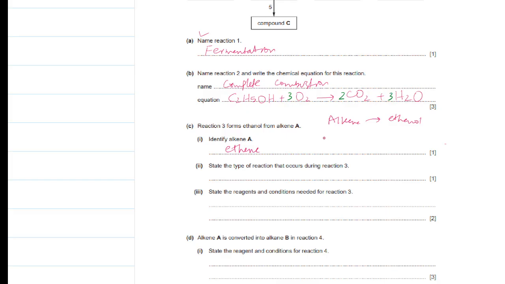You can say C2H4 reacted with water and it forms ethanol, C2H5OH, right? This water is in the form of steam, which occurs in the presence of phosphoric acid at a temperature of 300 degrees Celsius and 60 to 70 atmospheric pressure. So the type of the reaction that will be occurring is the addition reaction.